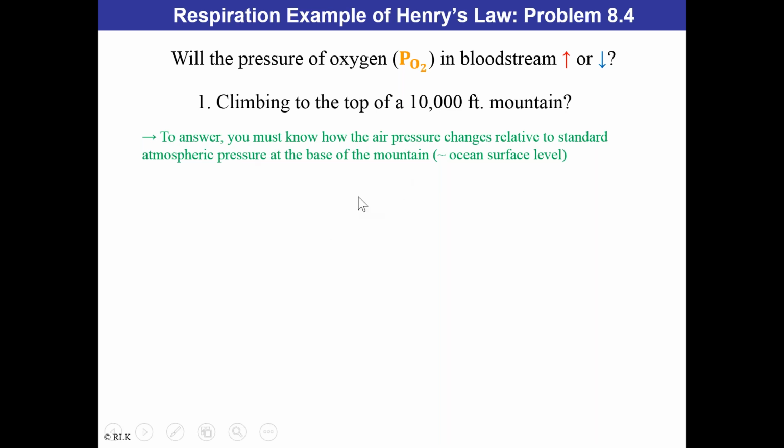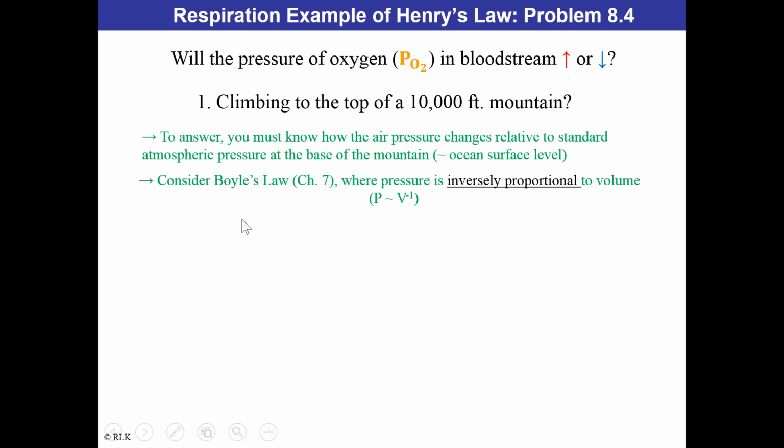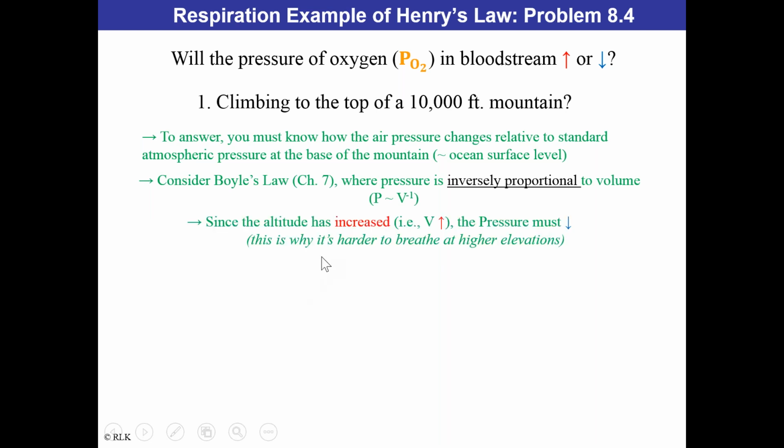So just know how the air pressure naturally changes as you move from where you currently are looking at this video. You're at the normal Earth surface. Imagine either up high in a mountain or down below in the ocean. And so you can then consider Boyle's law, where pressure is inversely proportional to volume. So since the altitude has increased, the volume has increased, right?